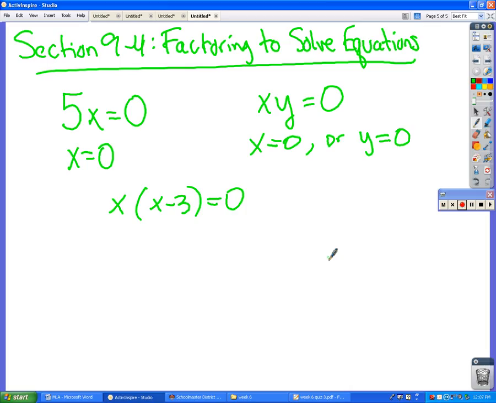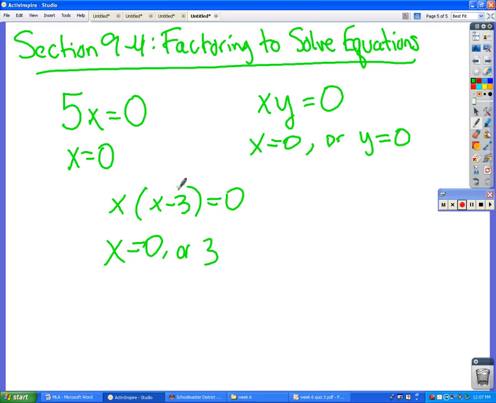Right, one possible answer is that x could equal 0, because if x is equal to 0, it doesn't matter what this stuff is, because 0 times that stuff is going to work out to be 0, right? What's the other answer that x could be? 3. X could also equal 3, because if I put 3 in here, 3 minus 3 equals 0, and as long as this is 0, the whole thing is 0, all right?